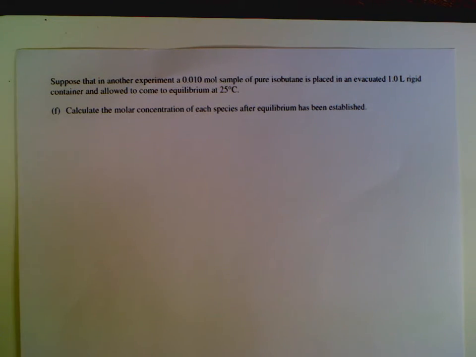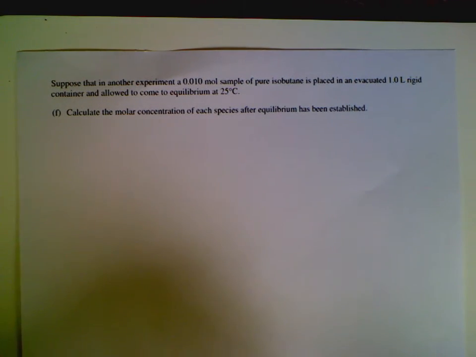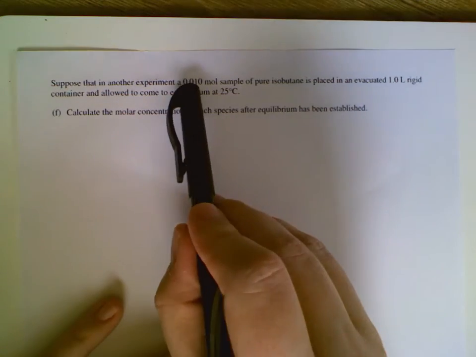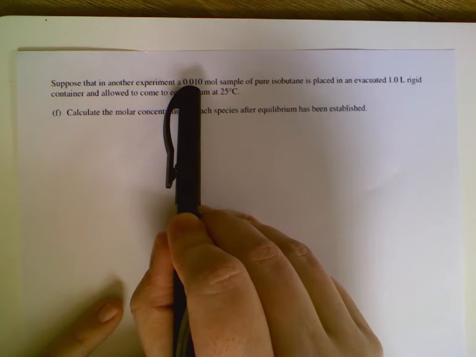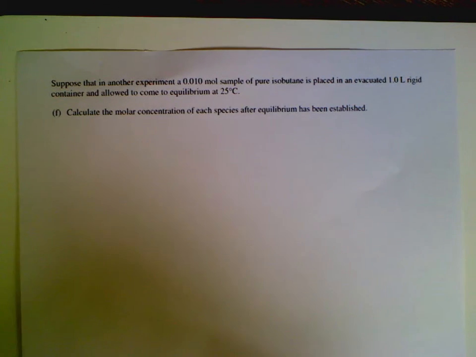I'll talk about it in terms of a conceptual idea, and then I'll show you the math to prove it. I think that talking about this as a conceptual idea would be fine, but I'll show you the math, whichever way is your preferred method to explain it. So in this situation, since you have something that's going to be reestablishing an equilibrium either way, and you start off with the same concentration as you did of the other reactant, you are going to establish your equilibrium back in that same position.